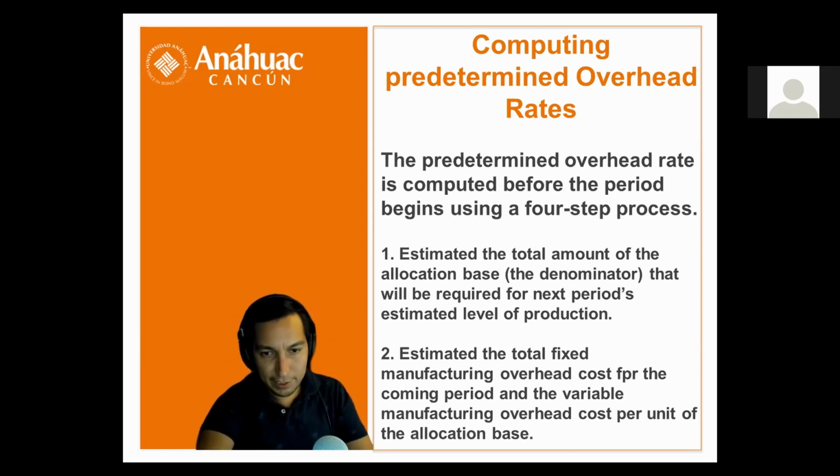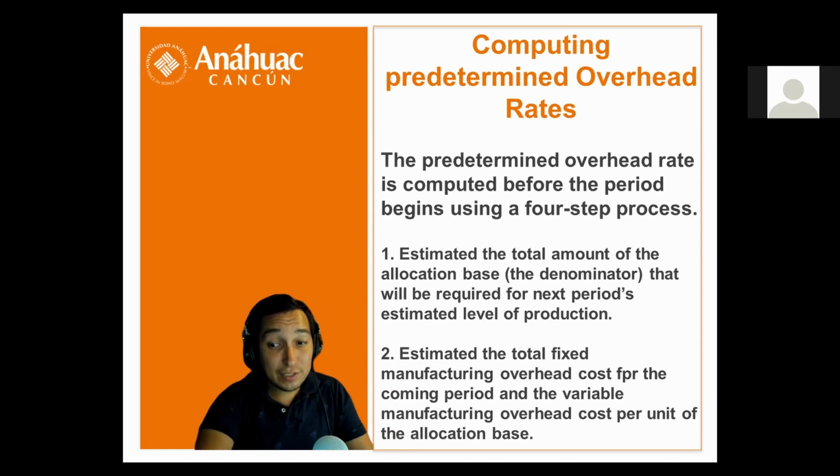All right. So the first thing is to get the total amount of allocation base. That's going to be our denominator, the bottom of the fraction, if you don't know what a denominator is. We're going to estimate the total allocation base that will be required for the next period's estimated level of production. In step 2, we're going to estimate the total fixed MO for the coming period, and then the variable MO as a cost per unit of the allocation base.